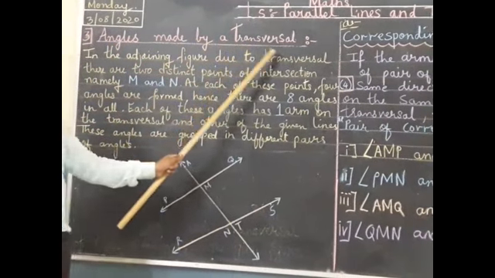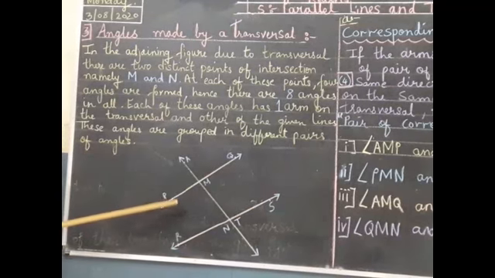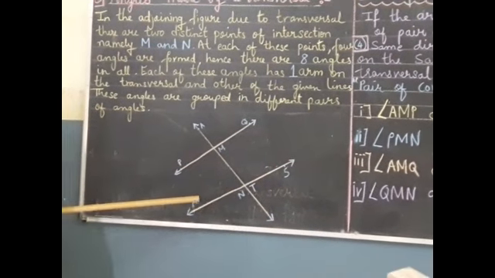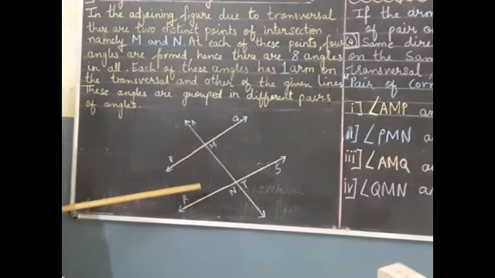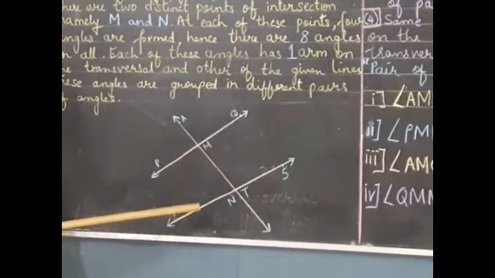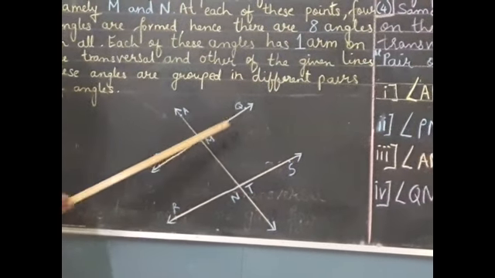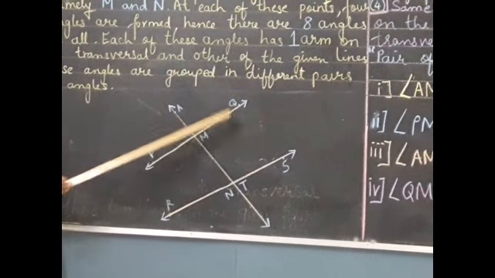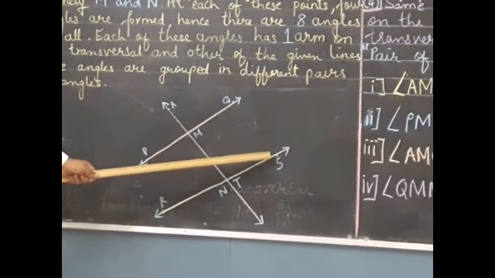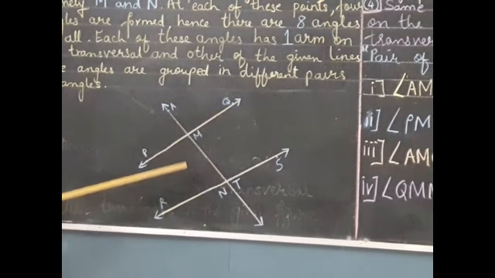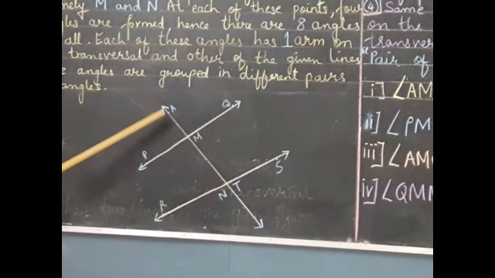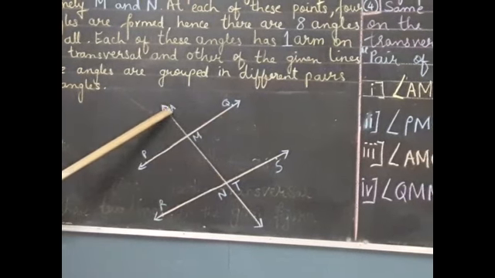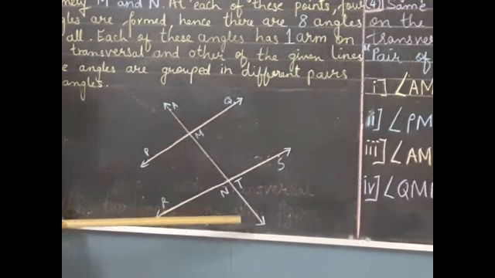Angles made by a transversal. Here we are taking two lines, line PQ and line RS. PQ line is considered as one arm and RS line is considered as another arm. Here, line A is a transversal line.